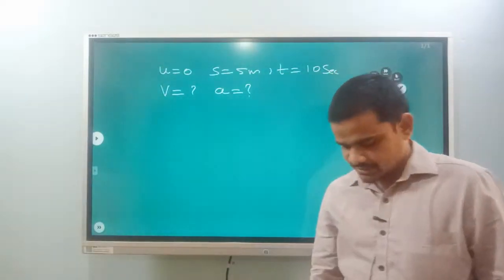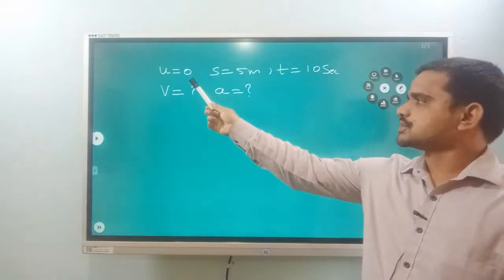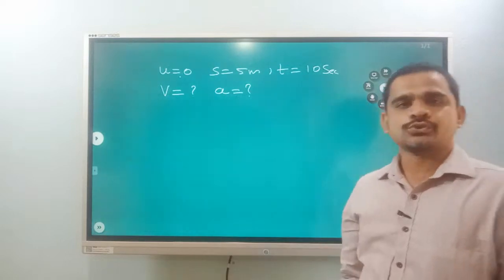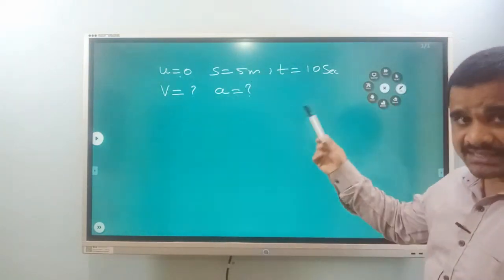Try to understand the question and we have to simplify it. If you see the question, a body starts from rest, which means u is 0. It has a displacement of 5 meters in the time of 10 seconds.